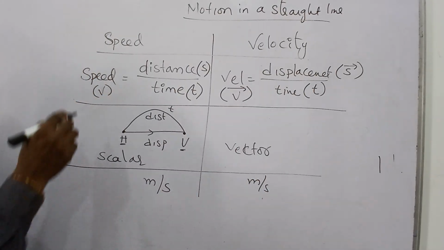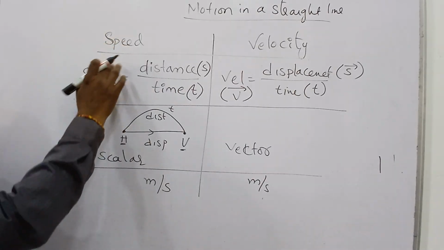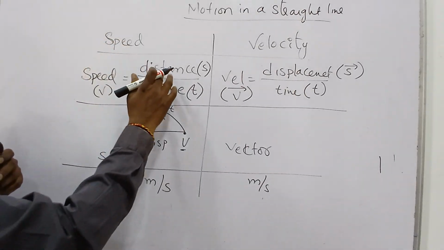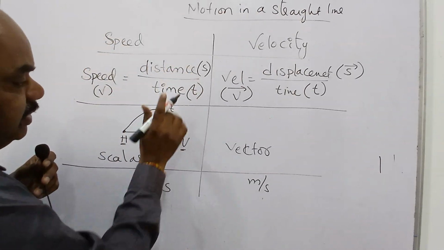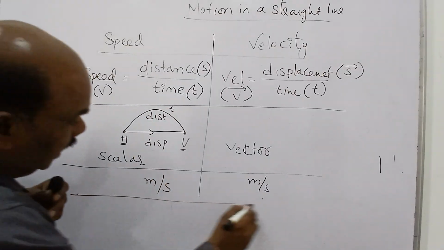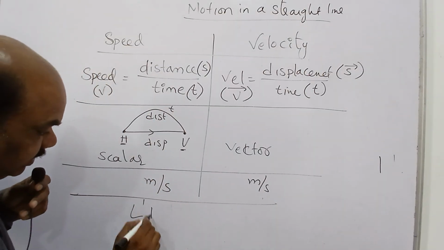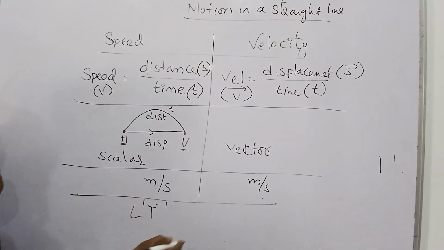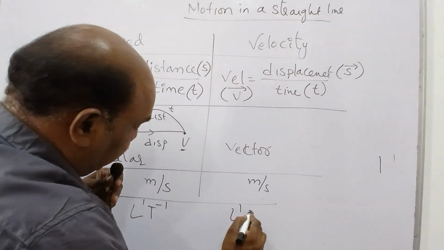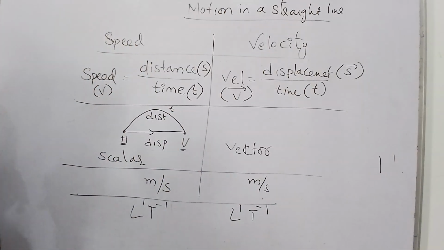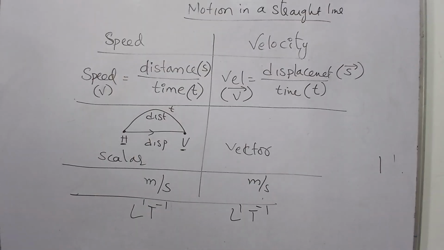Now, what is the dimensional formula of speed? Distance is denoted by L1, time is denoted by T1. So L1 T minus 1 is the dimensional formula of speed. Here also the dimensional formula is L1 T minus 1. The only difference is speed is a scalar, velocity is a vector.